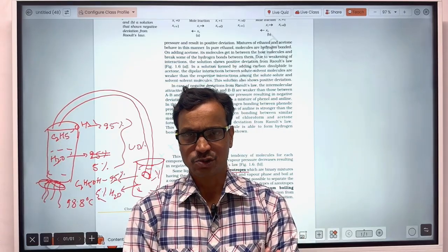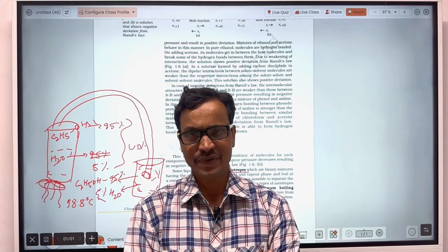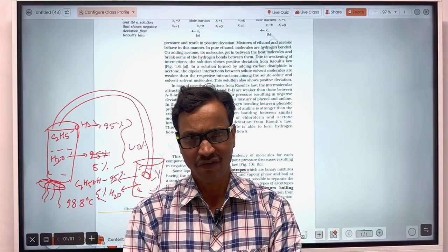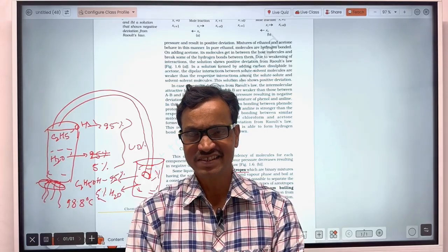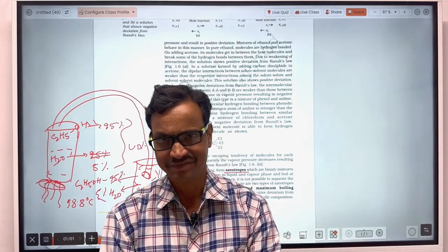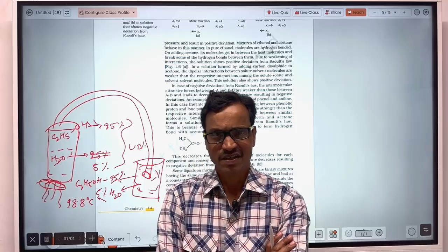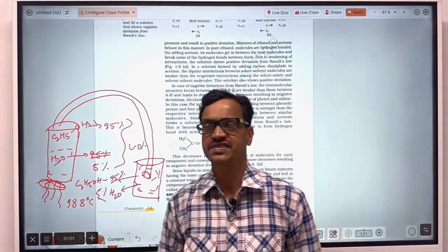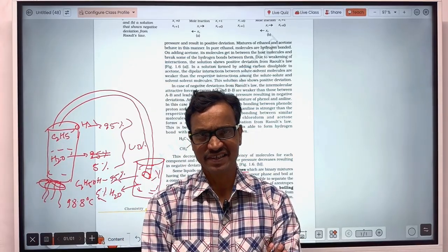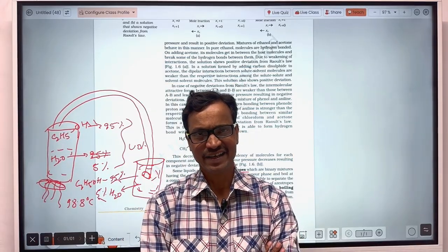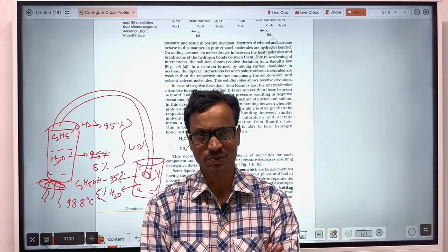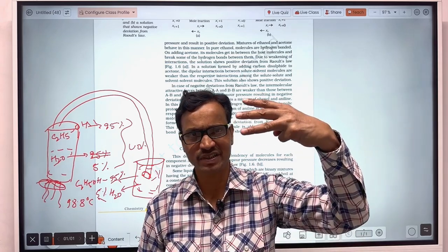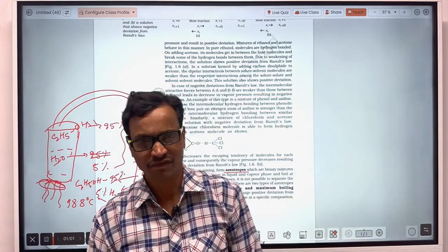You will have to write: the solution of two liquids which boils like a pure liquid, that is, possesses a sharp boiling point, undergoes the vapor phase in the same proportion as present in the liquid phase, and hence cannot be separated through fractional distillation. So you will have to write 3 points about azeotropes, then you will get full marks.